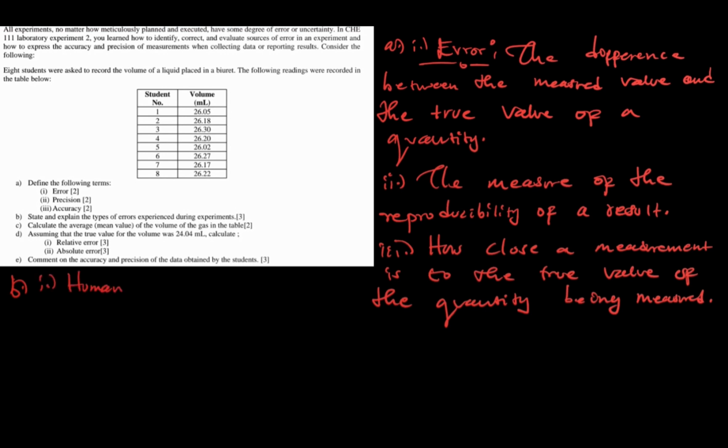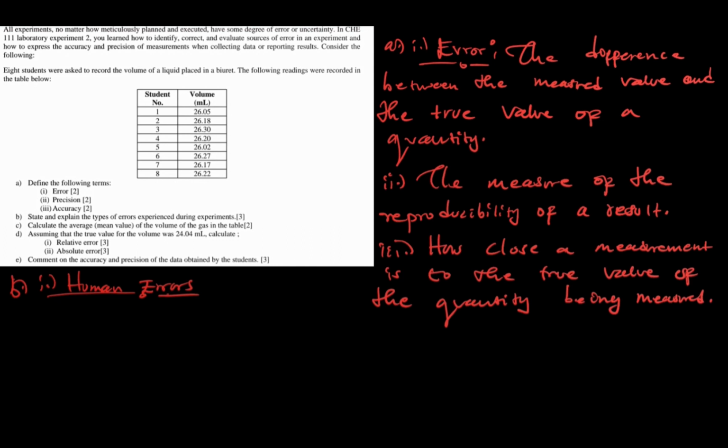Human errors. So what are these human errors? These human errors are basically the errors that occur due to mistakes made by the experimenter, such as misreading a measurement or recording something incorrectly. They can be reduced by carefully paying attention to the details and double checking whatever you have measured.